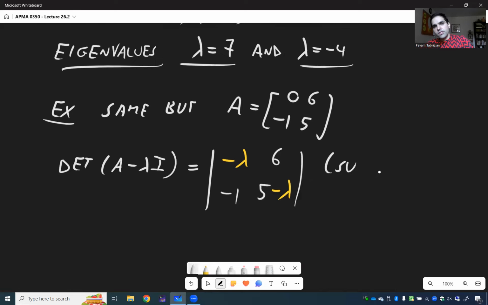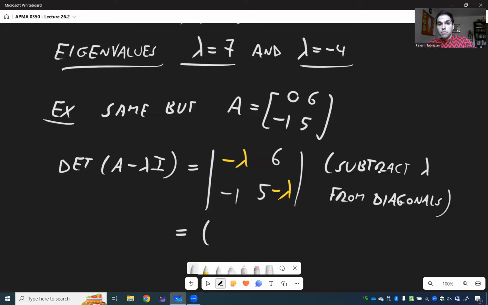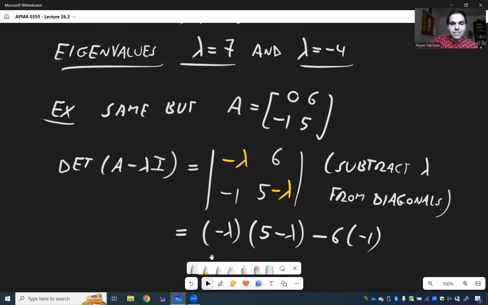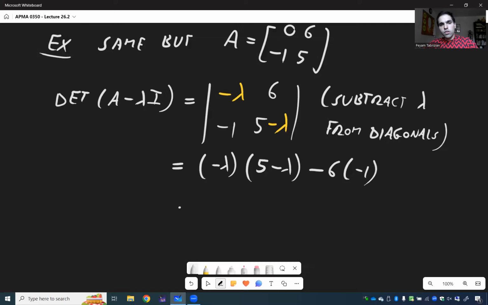So again, subtract lambda from the diagonal. And then you just use the definition of the determinant. So minus lambda times (5 minus lambda), minus 6 times minus 1. And so minus 5 lambda plus lambda squared plus 6.